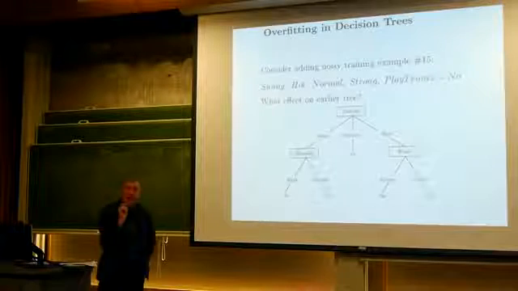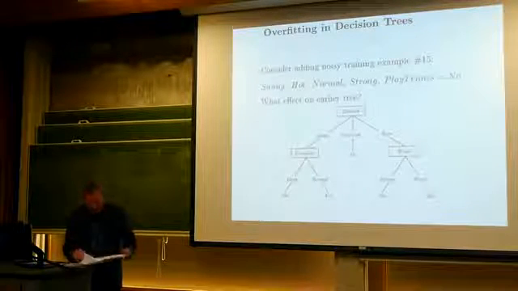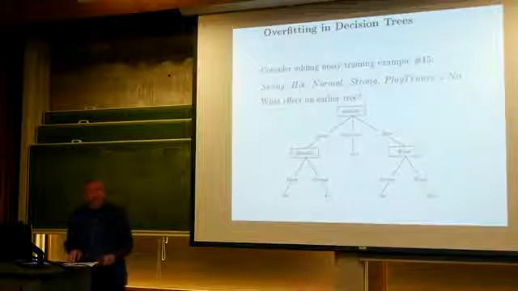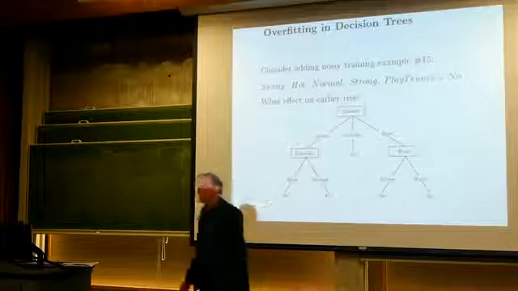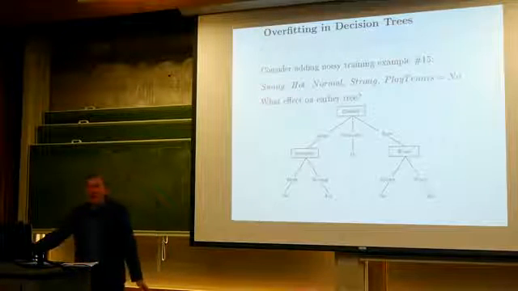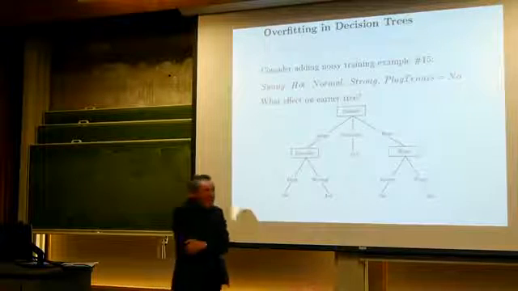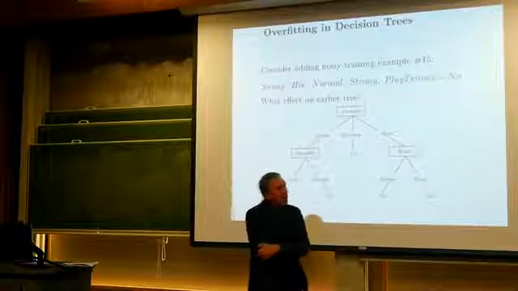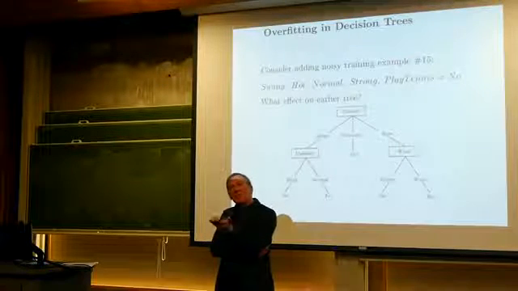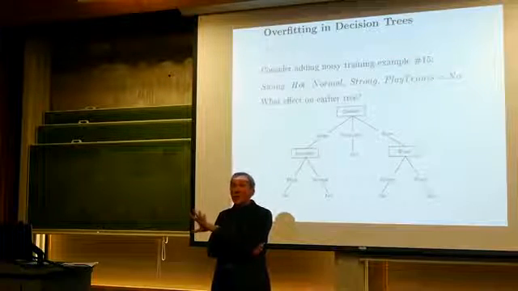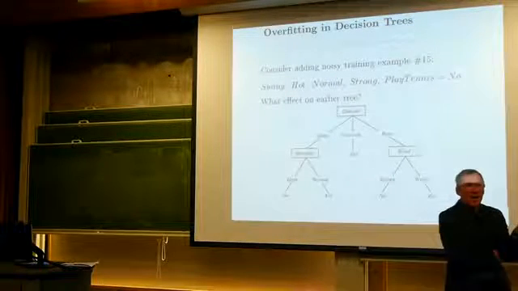The final thing about decision trees, and this is not only about decision trees but about function approximation in general in many algorithms, is the issue of overfitting. Overfitting intuitively means that we can sometimes get an algorithm that fits the training data very well, but doesn't do a very good job on future examples.